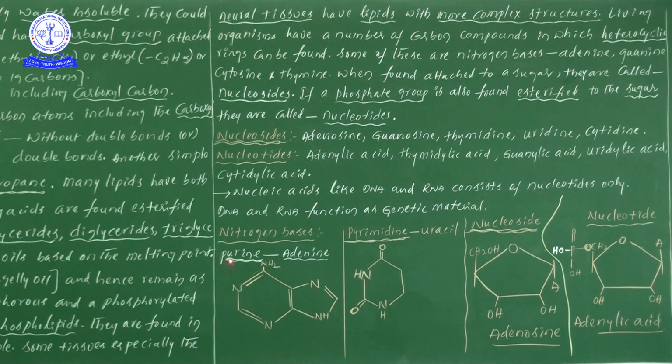If you see the purine structure, these purines are dicyclic compounds. Di means two cyclic compounds present together. You see this one cyclic compound and next to it one more cyclic. That's why purines are dicyclic compounds, and pyrimidines are monocyclic compounds.